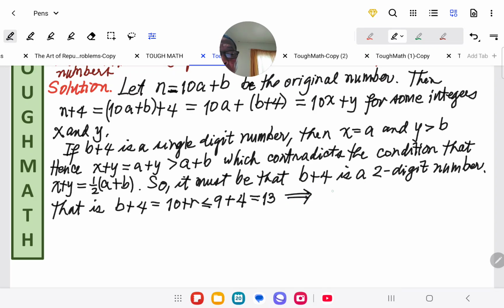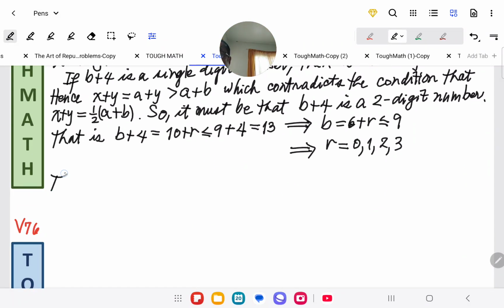Therefore, b is equal to 6 plus r, and this is less than or equal to 9. So this gives us r is either 0, 1, 2, or 3.